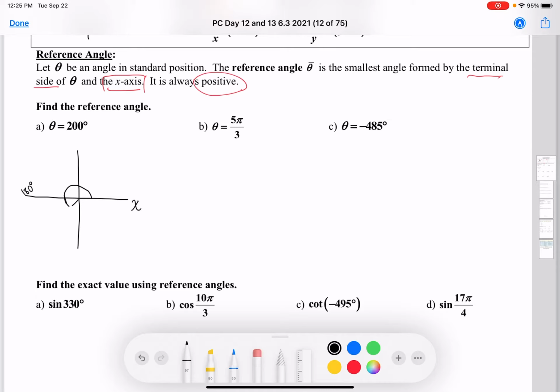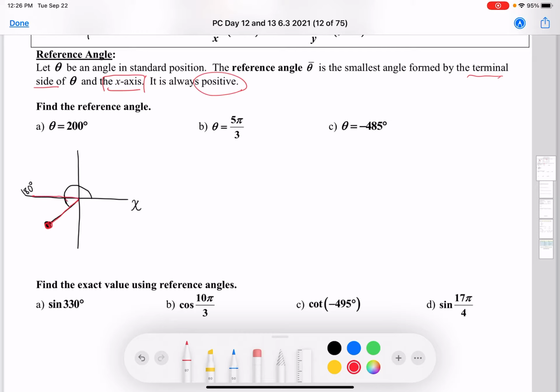And so this line here would be our terminal side of the angle, because this is the terminal point that we stopped at. Well, the reference angle is the angle, and we did go over this one in class, that is created between this terminal side and the x-axis.